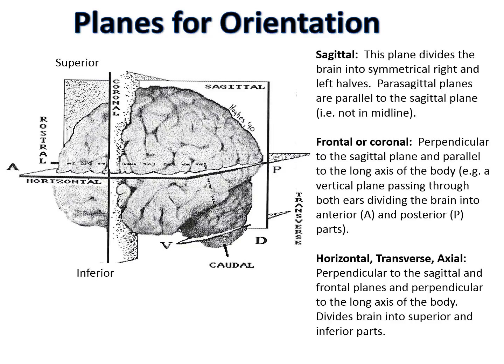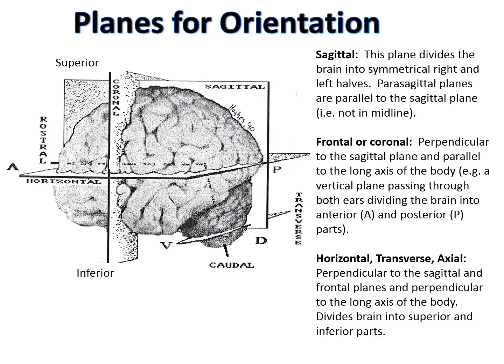Perpendicular to this sagittal perspective is the frontal or coronal perspective, which would cut the brain from left to right symmetrically, in a frontal position.